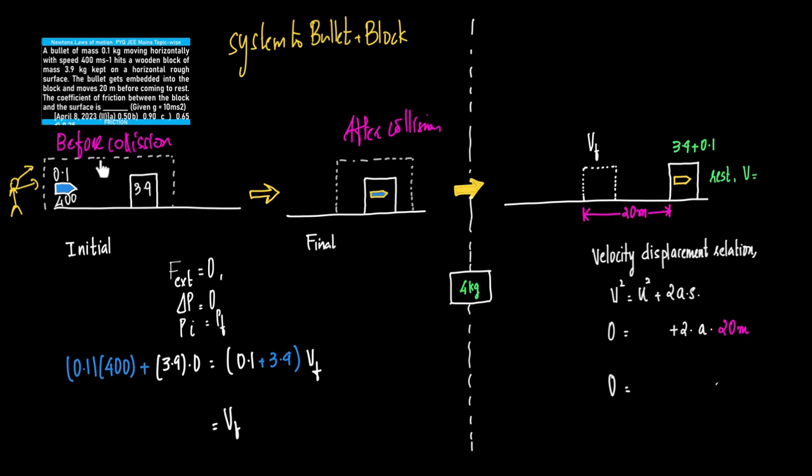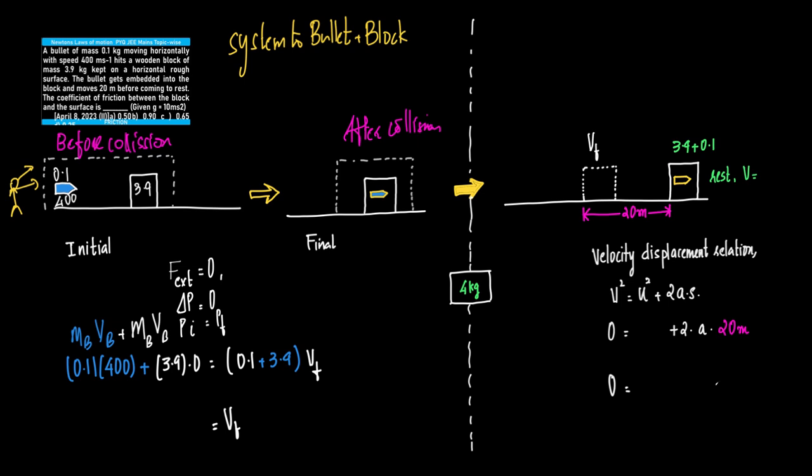In initial momentum, which is before collision, we know that there are two components, therefore the equation will have two components. One is the bullet, maybe I can write it down one more time. So we can say mass of the bullet into velocity of the bullet, plus mass of the block into the velocity of the block. Now it is given that wooden block of mass is kept on a horizontal surface.